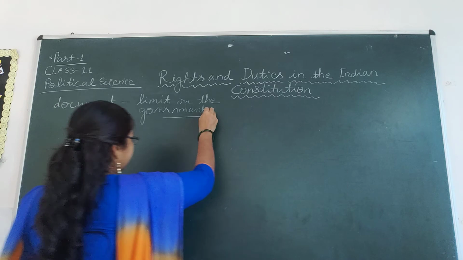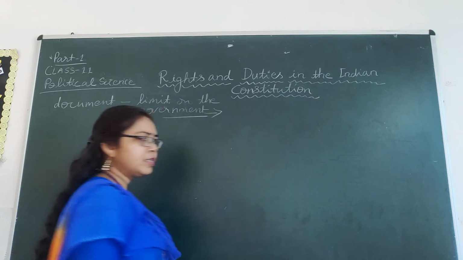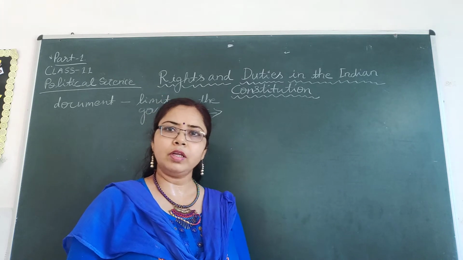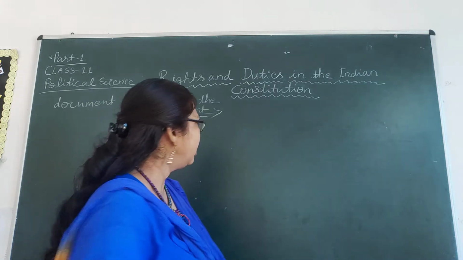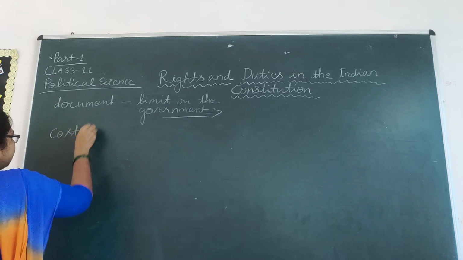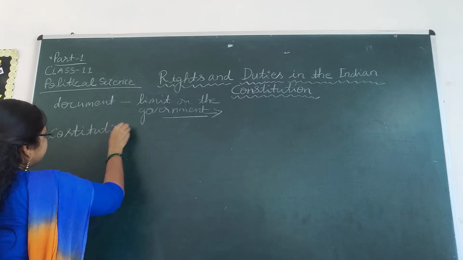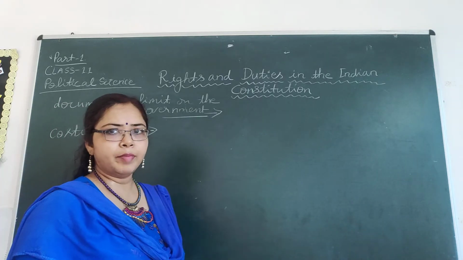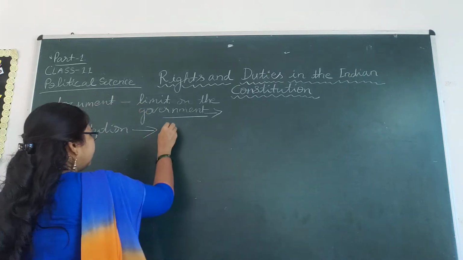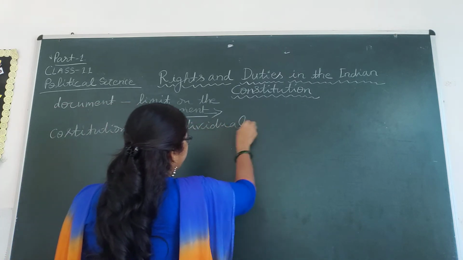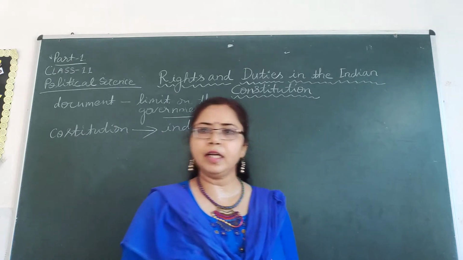Now the question is, why is the constitution putting limits on the government? It is only for protecting the individual. Means constitution is putting the limits on the government only for protecting the individual. And how is it protecting the individual?